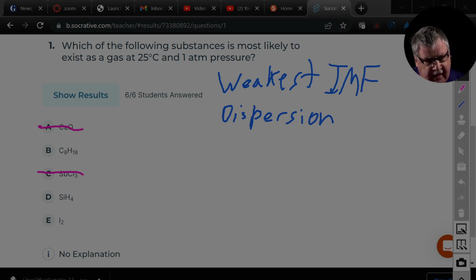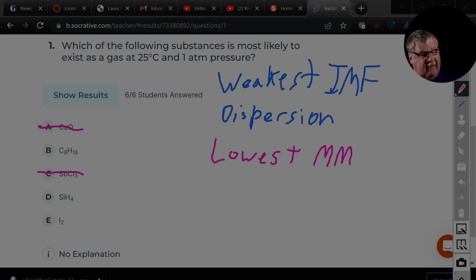So once I've chosen that dispersion forces are what I'm looking for, the next thing I'm going to do is ask which of the molecules that are left has the lowest molar mass. What's the answer to that? Is it I2? Is it SiH4? Or is it C8H18? Actually, I think I2 might be higher.